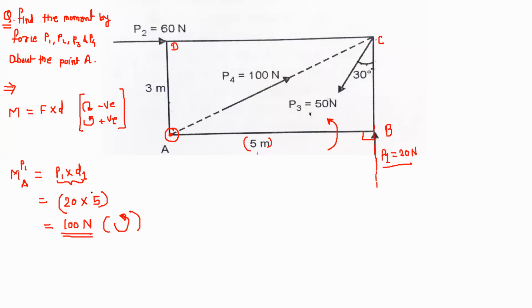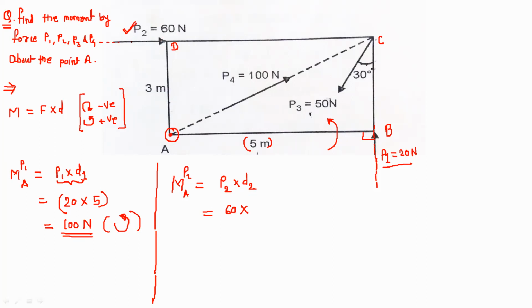Now similarly, get the moment by this force P2. For the force P2, I will write moment by P2 about the point A is equal to, the general formula, P2 into its perpendicular distance, that will be D2. P2 value is 60 Newton into, now observe the D2. To find out the D2, connect the point A with the line of action of the force P2.